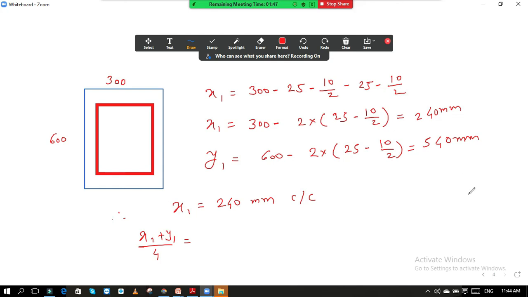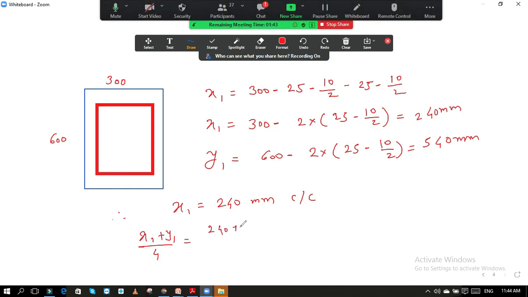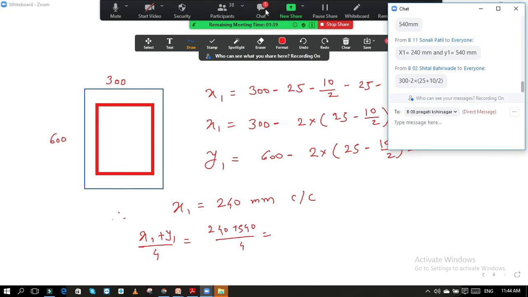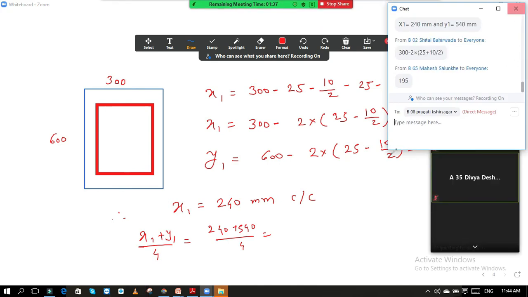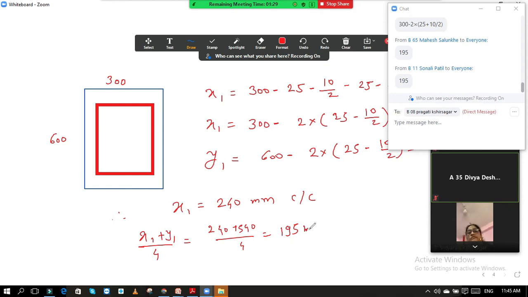Do it fast. 240 plus 540 divided by 4. It is equal to 195. Okay. So 195 mm center to center.